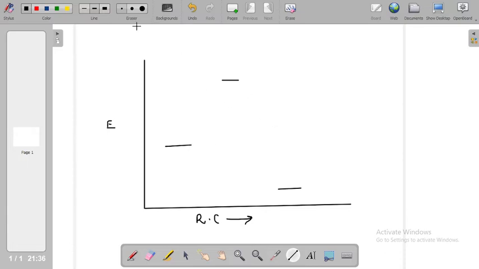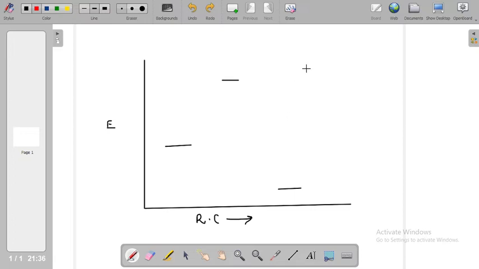So now here we can see our energy states and this is the transition state. We have the same product, so we have no interest in the product.